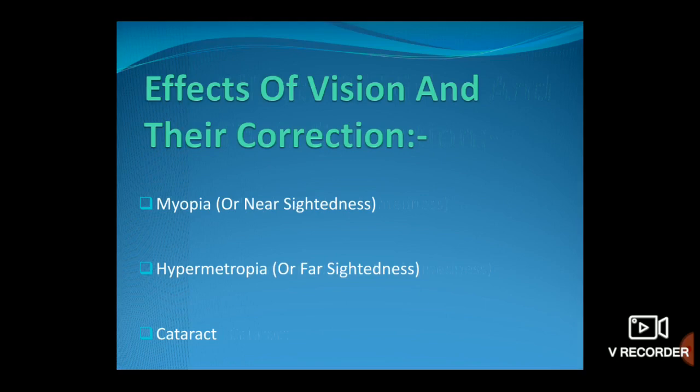In spite of all precautions and proactive actions, our eyes may develop some defects. These can be due to a variety of reasons. The defects are myopia, hypermetropia, and cataract. Now let us study the defects of vision one by one.